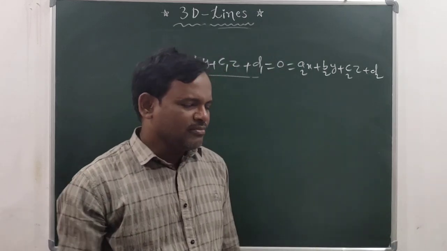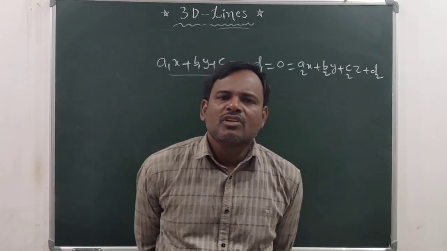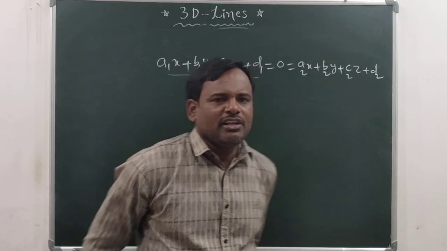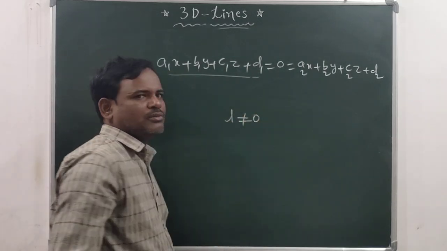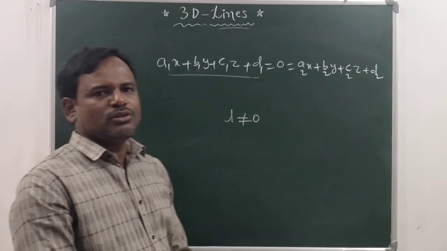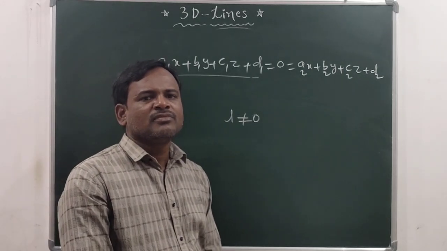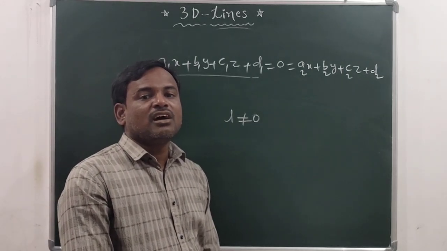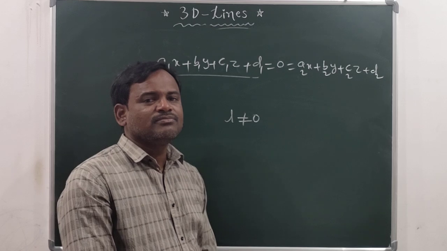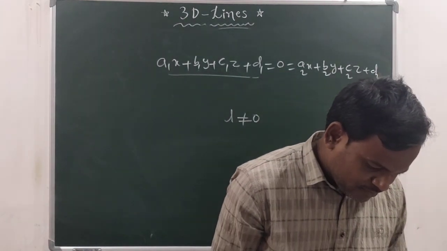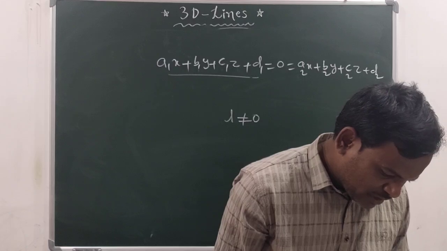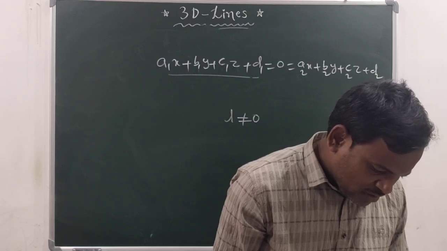So you have to take, okay, L is not equal to 0. If L is not equal to 0 means that the line can't be parallel to the, if L is not equal to 0, then what do you say? Tell me, students.